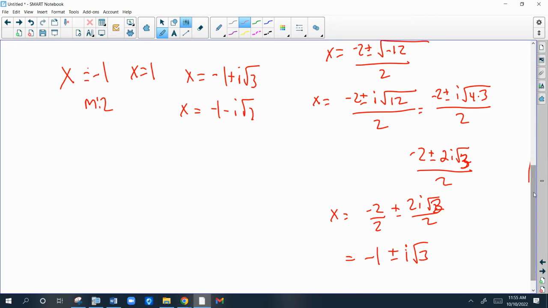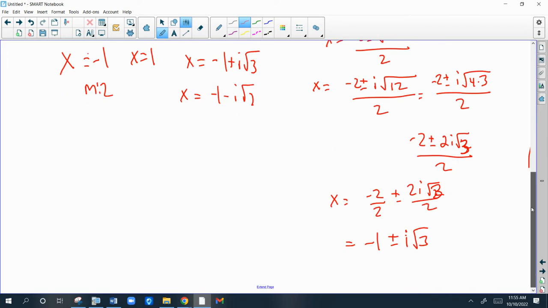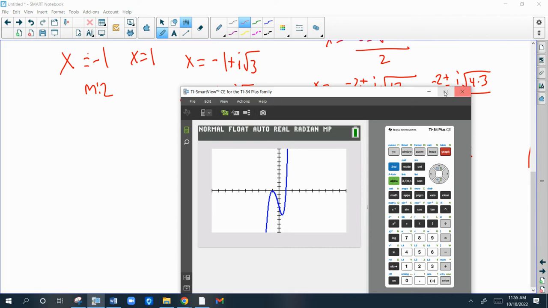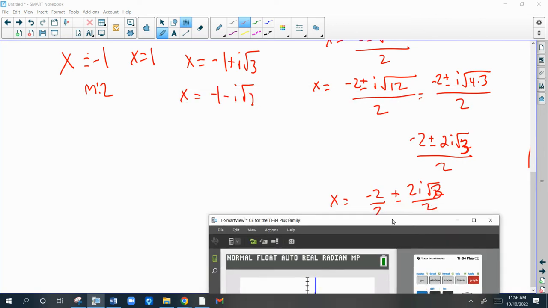I'm going to quickly check the complex ones, and I want to show you that an easy way to do that is on your calculator. We already have checked the other two because those came up from the graph, but it's hard to check the complex ones.